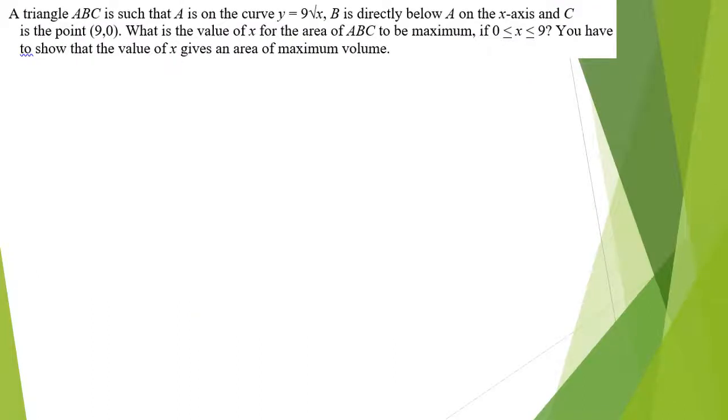Now the next question is a triangle that has three sides. A is on this curve, so the y value of A is this, and B is directly below A, and then you've got C in here at 90.